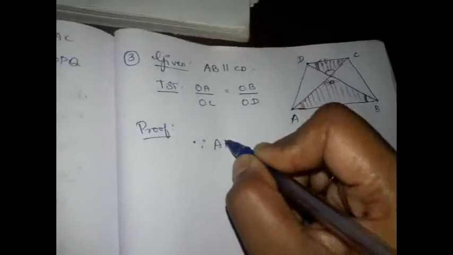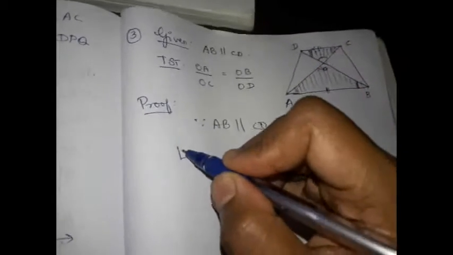Since AB is parallel to CD, angle ODC will be equal to angle OBA, and angle DCO is equal to angle OAB, since alternate angles are equal, right?